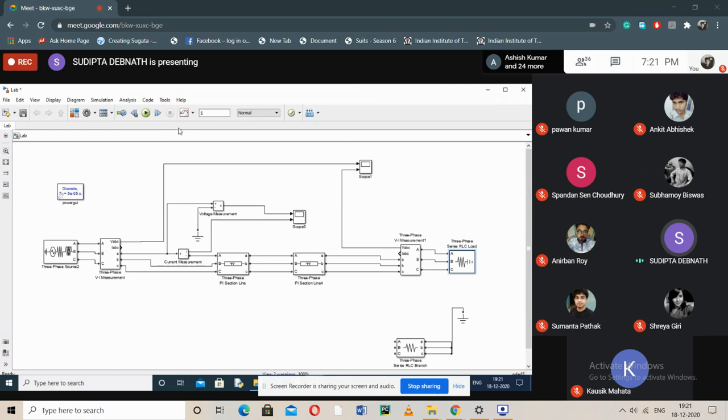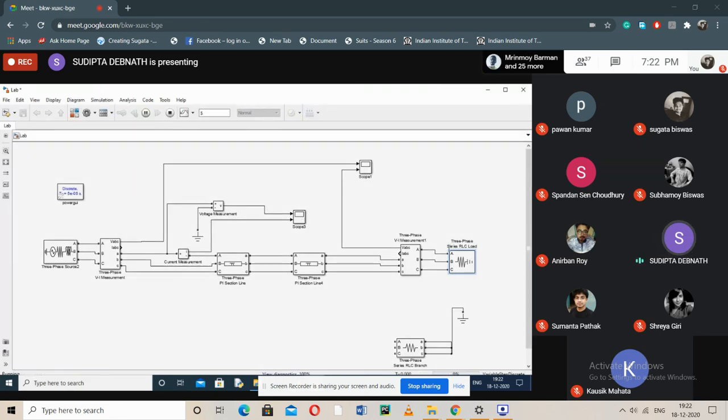In the long transmission line, you have seen that when the sending end voltage is 326.5, the receiving end voltage was almost 360, so a huge rise in voltage.